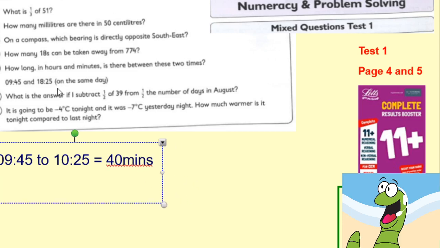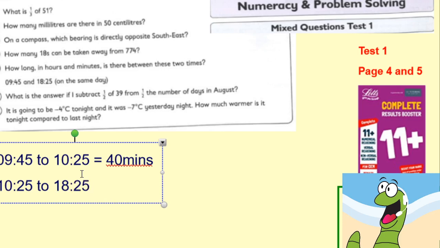But we need to know between 9:45 and 18:25. So this is on the 24-hour clock. You need to know what your 24-hour clock is. But we've worked out 9:45 to 10:25. Now we're going to work out 10:25 to 18:25.